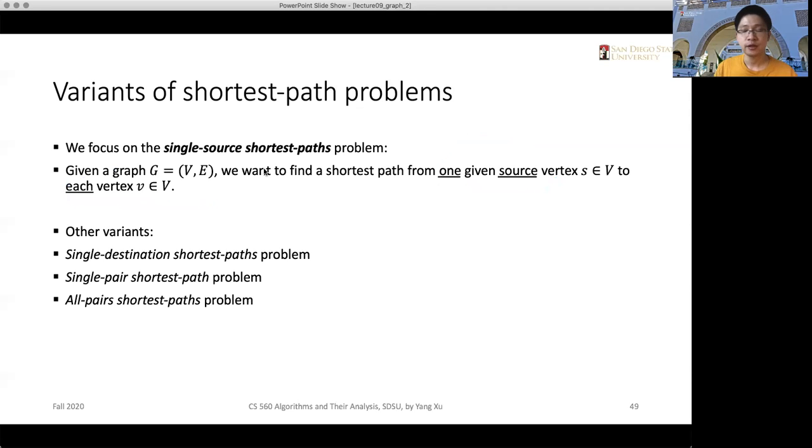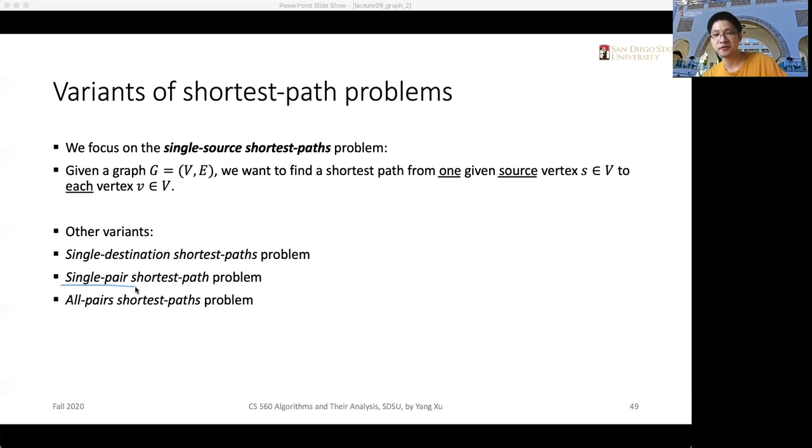And there are some other variants, like single destination. We specify a destination and consider all the other vertices as sources, but the direction is to the target, not from the target. And there is the single pair problem, which I think is more often used when we use our map.